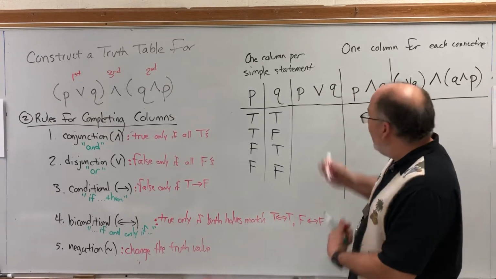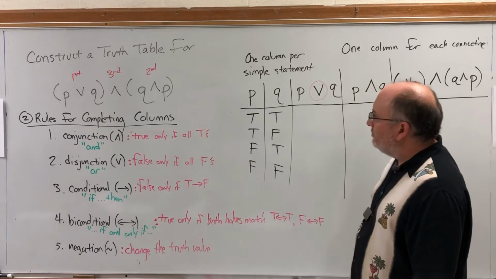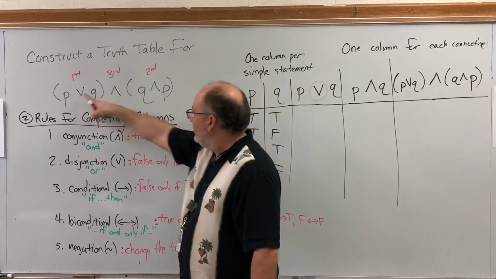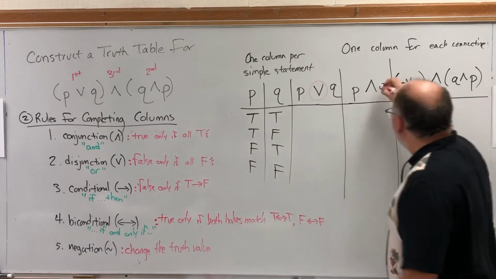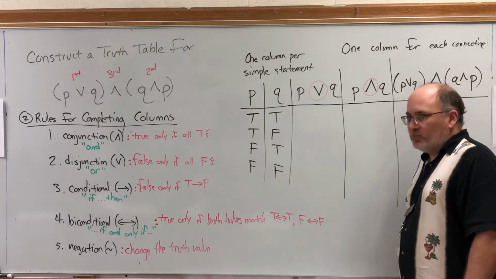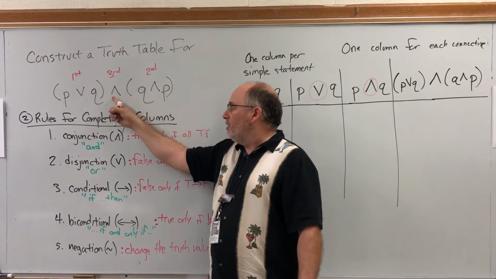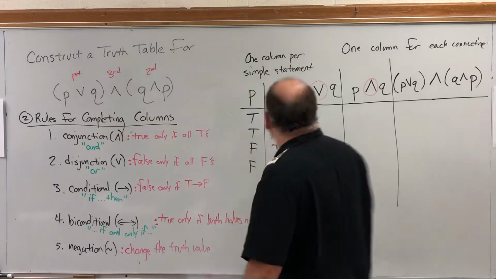The rule that you're going to do is dictated by the connective that you use to build the column. So just as a reminder, this was the connective we used to build the first column. This is the connective we used to build the second column. Those are pretty easy. Each column only has one connective. But the connective we used to build the third column was the conjunction in the middle.